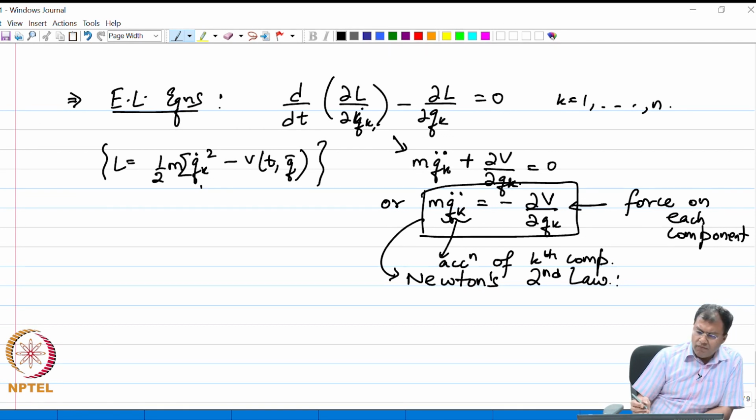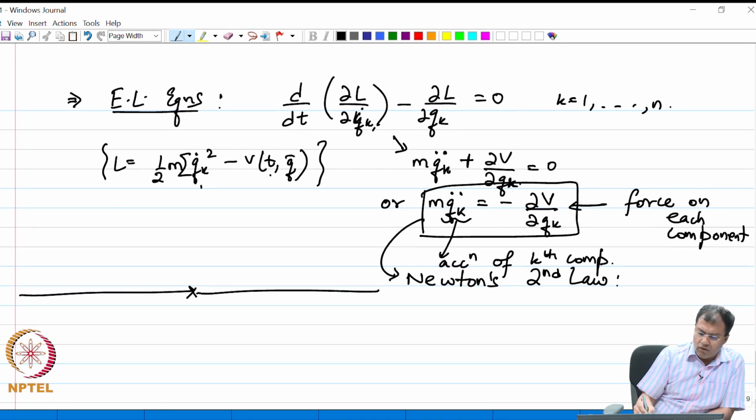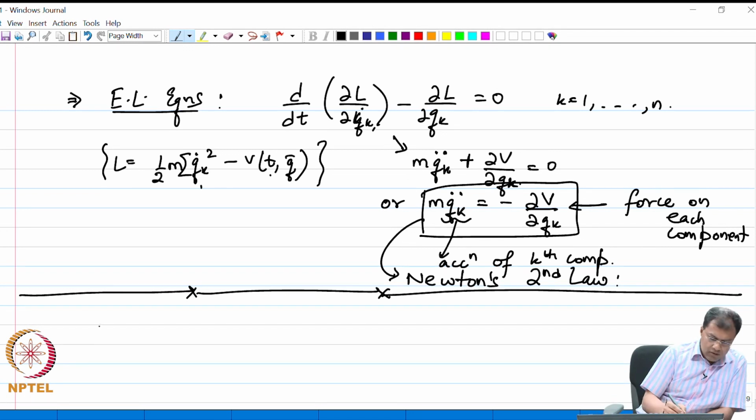So, suppose now we can look at a special case where our potential is independent of t. Notice that the independent variable t only appears in V. So, if the potential is independent of t, then my Lagrangian will be completely dependent on q bar dot and q. It is independent of the independent variable t, and then we could directly use the Beltrami identity to reduce our Euler Lagrange. So, what I just said is the following.